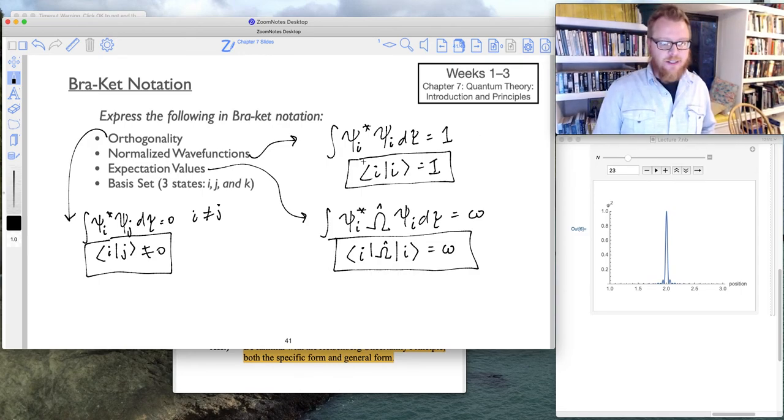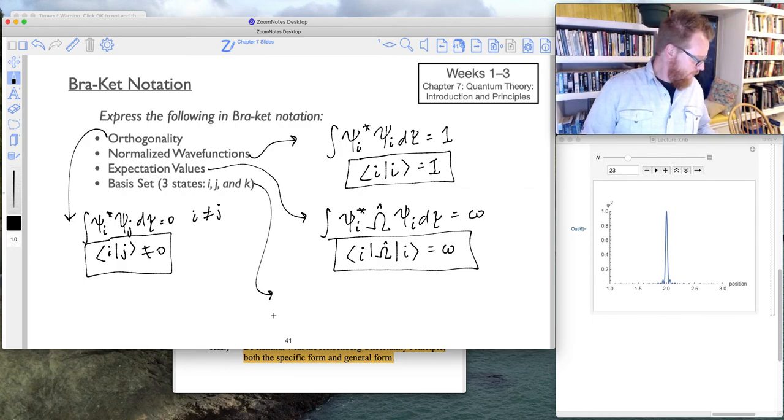And then finally, for my basis set, I'll pause for a moment while I'm flipping around for the answers, and you can try to do it on your own. Okay, beautiful. I'll write out the mathematical operation of my wave function.